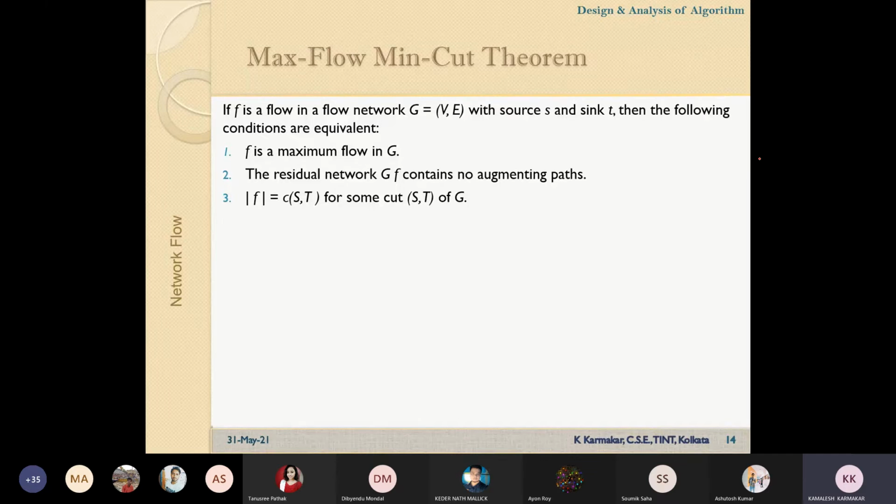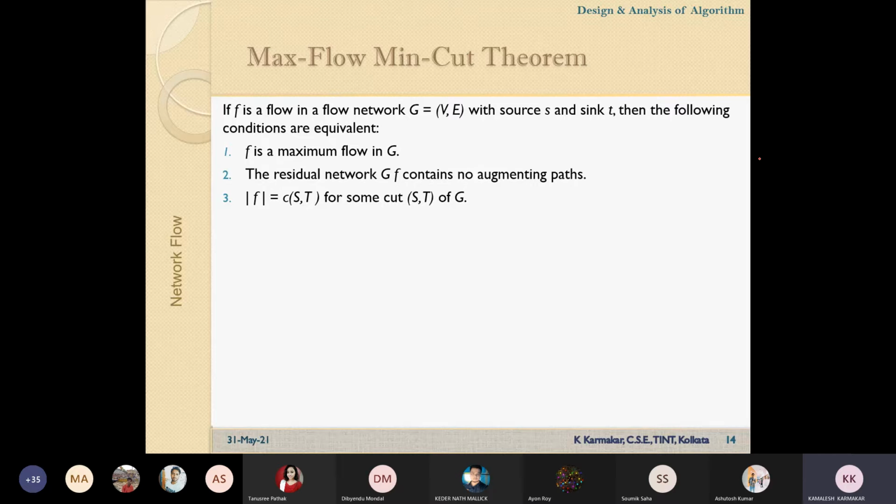The graph contains a significant number of vertices and edges, where vertices represent the stations and edges represent their connectivity. If we want to determine the maximum flow F, then this flow equals the minimum value over all possible cuts of the graph.